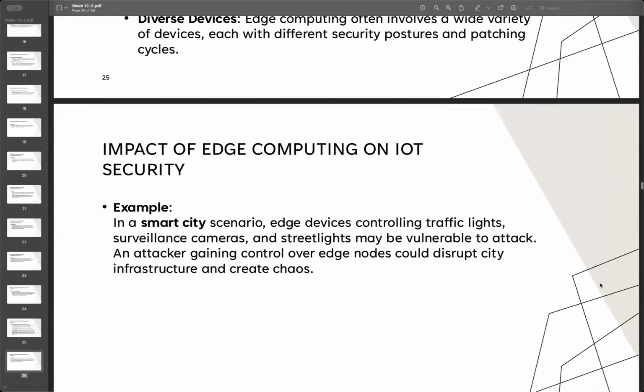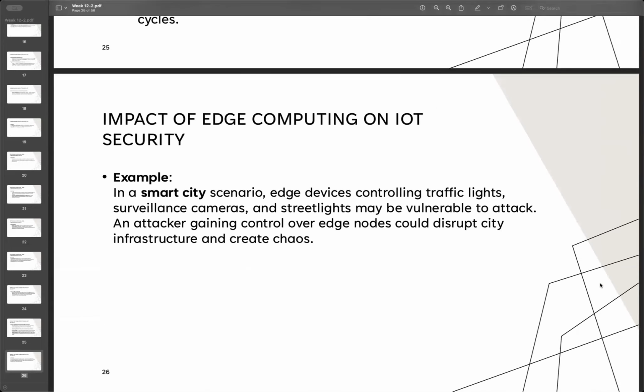Maybe in a smart city, these edge devices control the traffic lights, surveillance cameras, the street lights, and all of these can be attacked. Once they gain control over those edge nodes, they can disrupt the city infrastructure and create chaos.